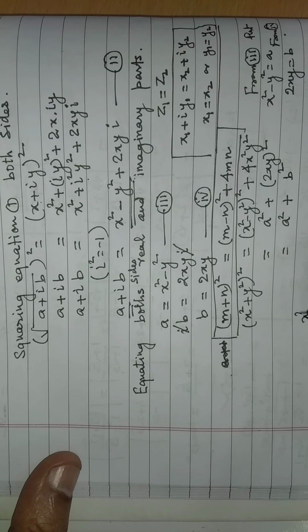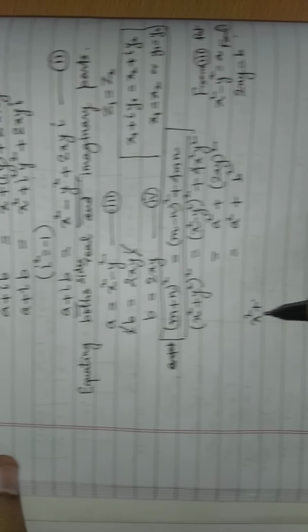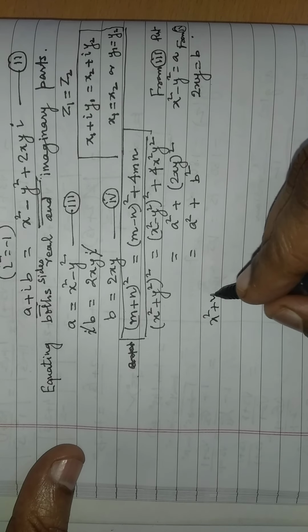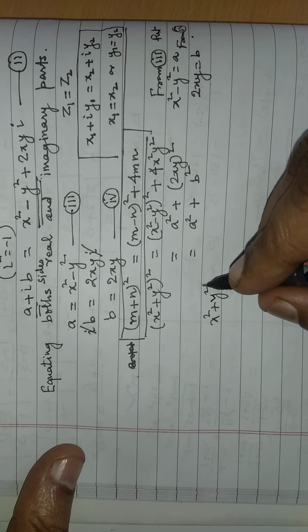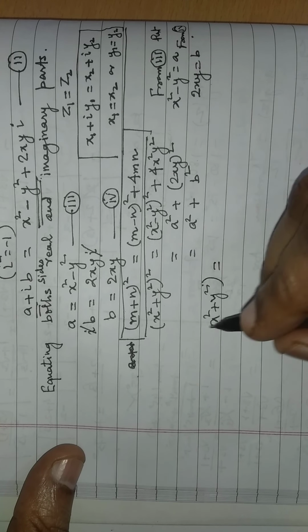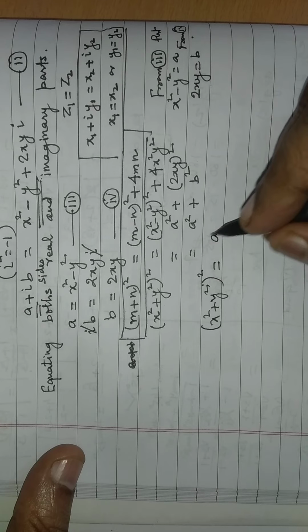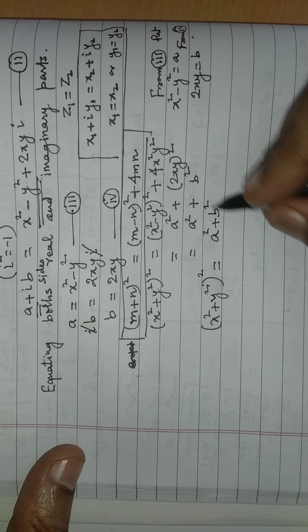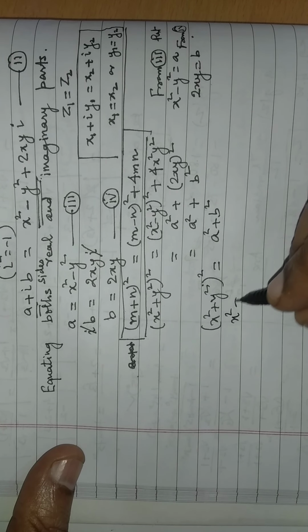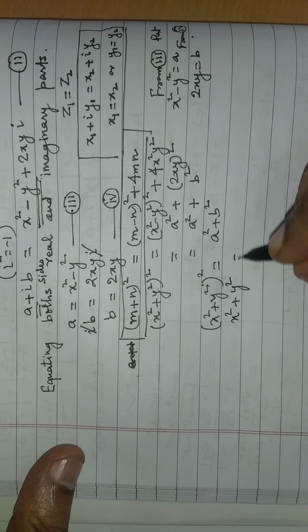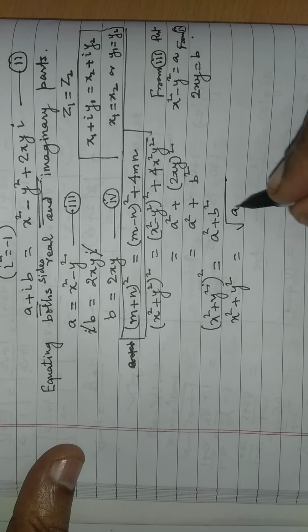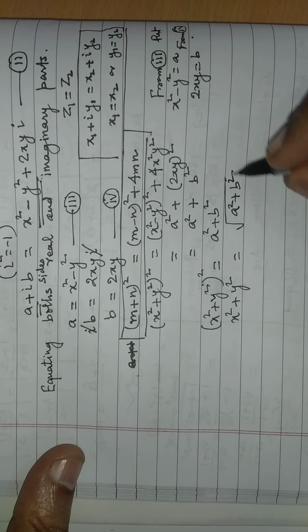So (x square plus y square) whole square is equal to a square plus b square, and now x square plus y square is equal to plus minus root under a square plus b square.